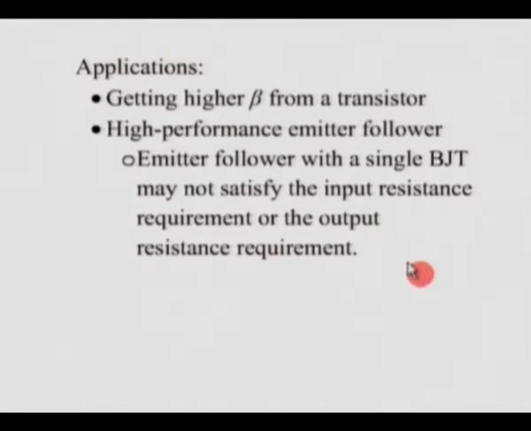In an emitter follower, we said that the output resistance is low and the input resistance is high, and in our yesterday's discussion we said that the input resistance of a single stage common collector amplifier is approximately beta times the series resistance at the emitter of the emitter follower.